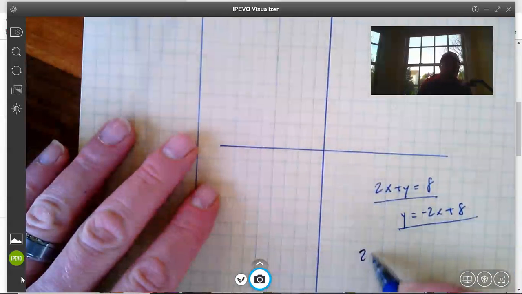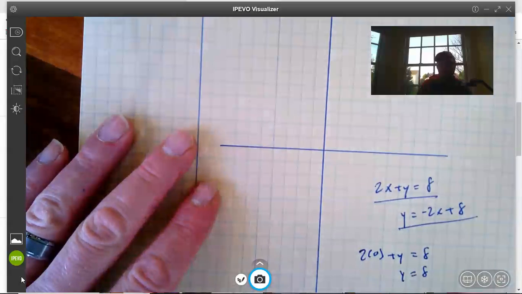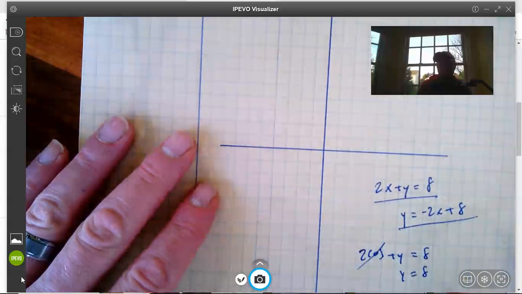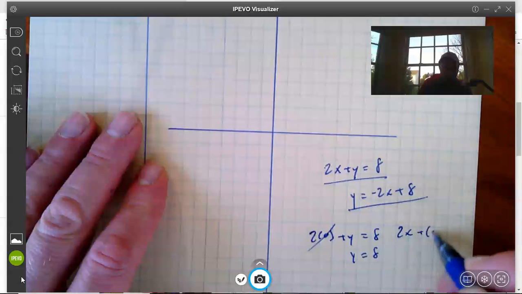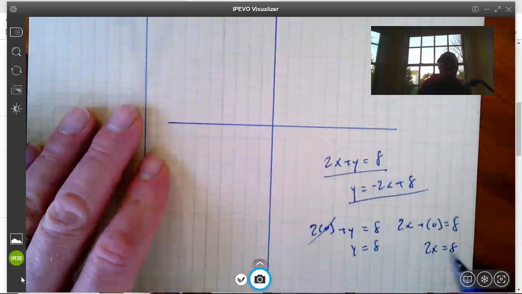If I replace the x with a 0, then I get y equals 8, because that whole term just goes away. That's the y-intercept, same as we get from up here. On the other hand, I could replace the y with a 0, and then I get 2x equals 8, or x equals 4.